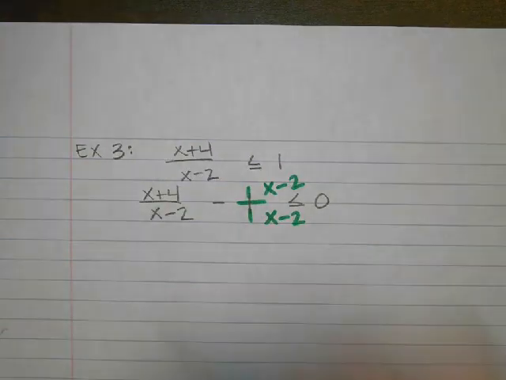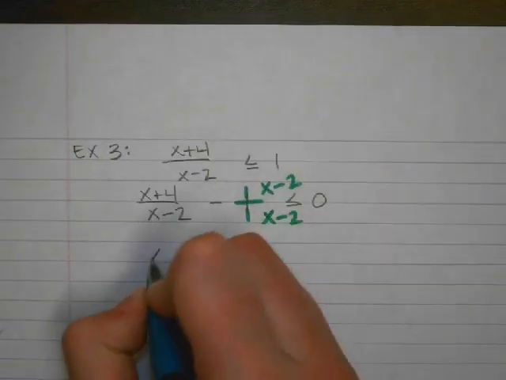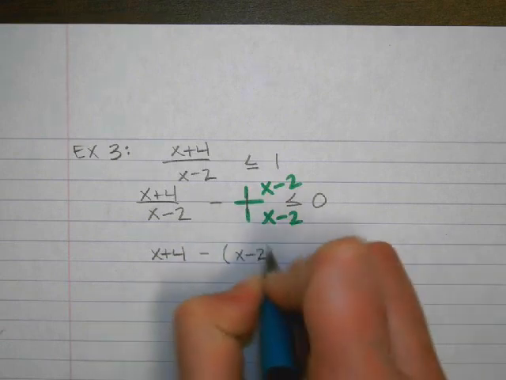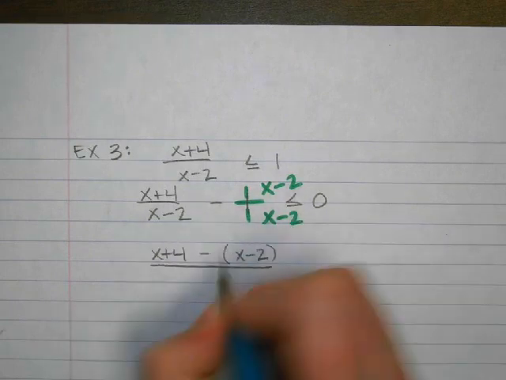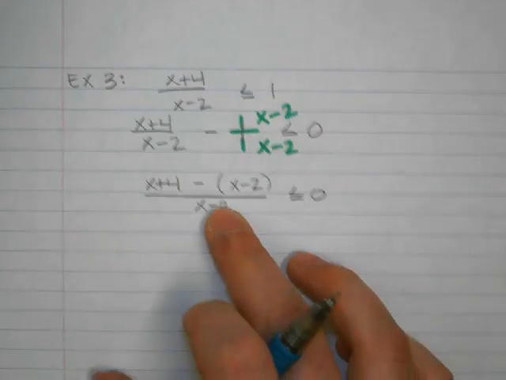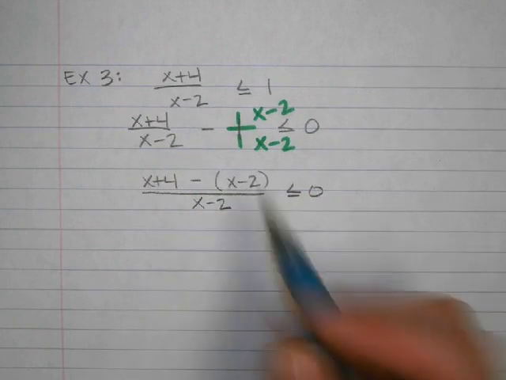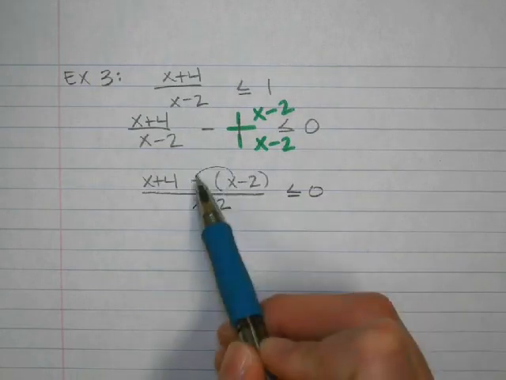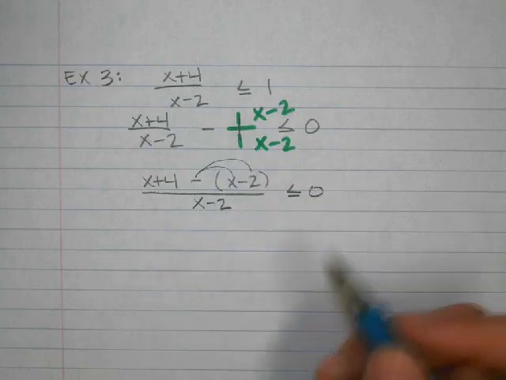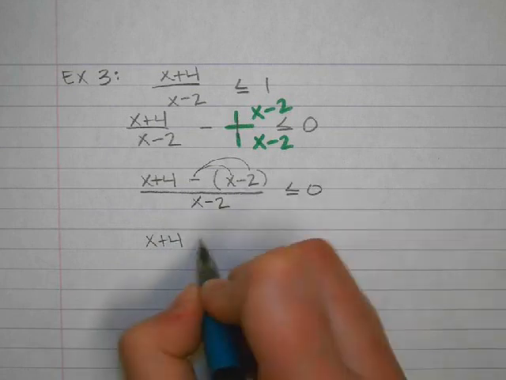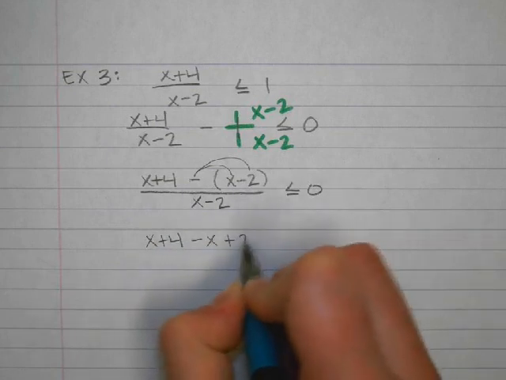And so that means that I have x plus 4 minus (x minus 2) all over this common denominator. And you'll notice I'm being careful to show all my work with my subtraction because I want to make sure that I distribute this negative when I do the problem. So I have x plus 4 minus x plus 2.